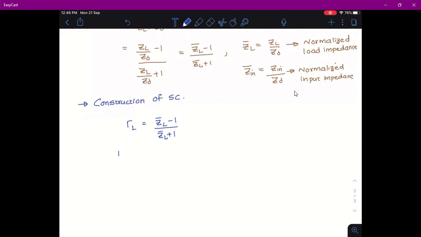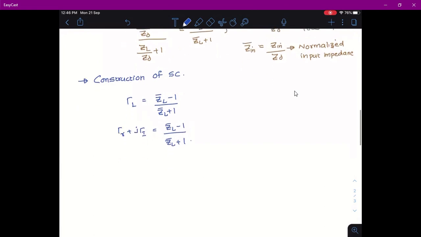I can write tau L as tau R plus j tau I is equal to ZL bar minus 1 by ZL bar plus 1. Now let's cross multiply and find the value of ZL bar.